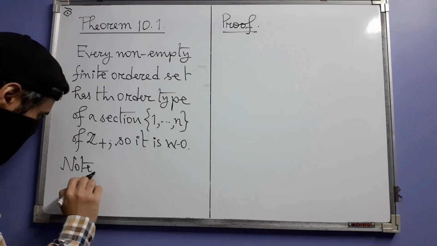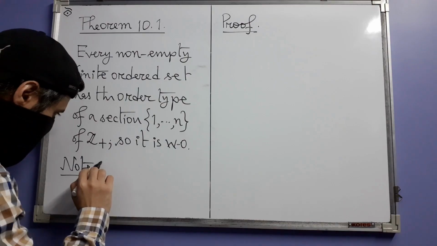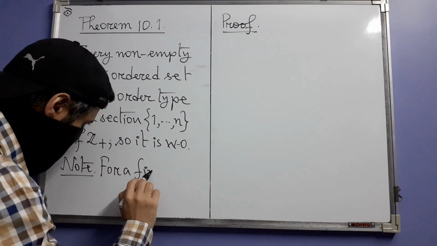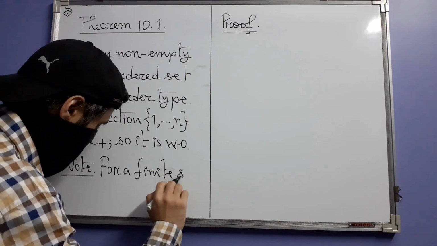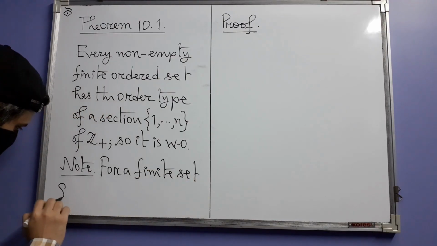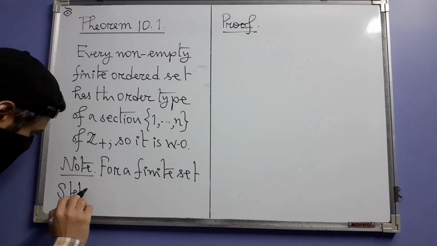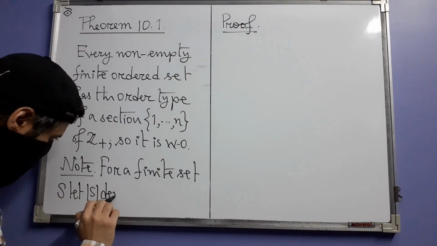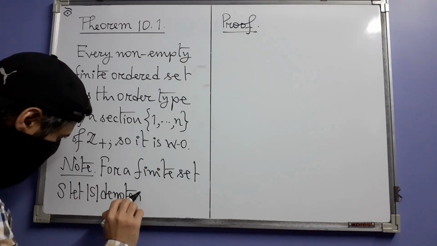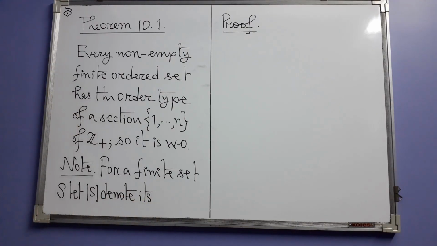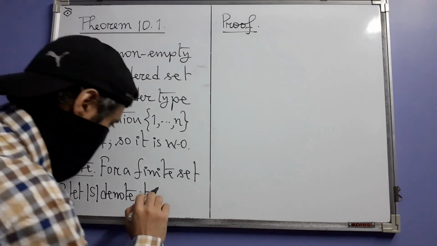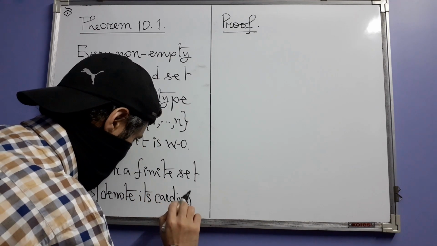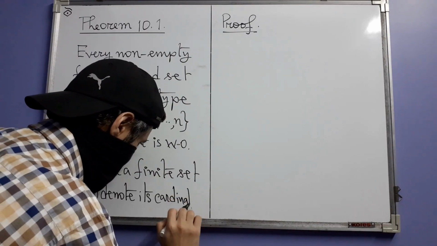Note, for a finite set S, let this denote its cardinality, that is the number of elements. Cardinality.